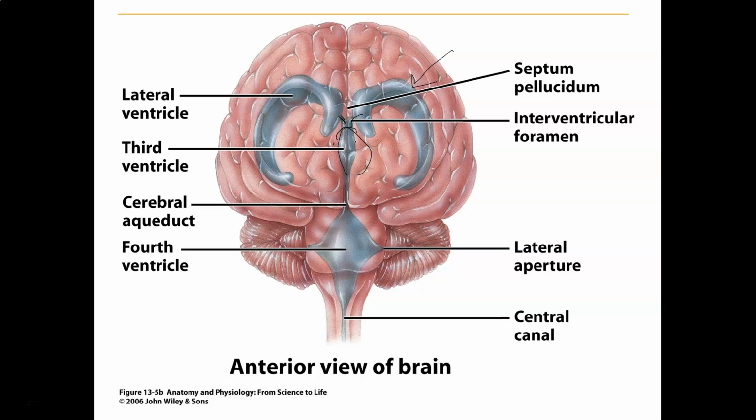That is within the diencephalon. So there's a third ventricle, and then it narrows. That part's called the cerebral aqueduct, and then widens into the fourth ventricle, which is down in the brainstem, and then that flows into the central canal of the spinal cord. So those are the ventricles and the central canal of the spinal cord.